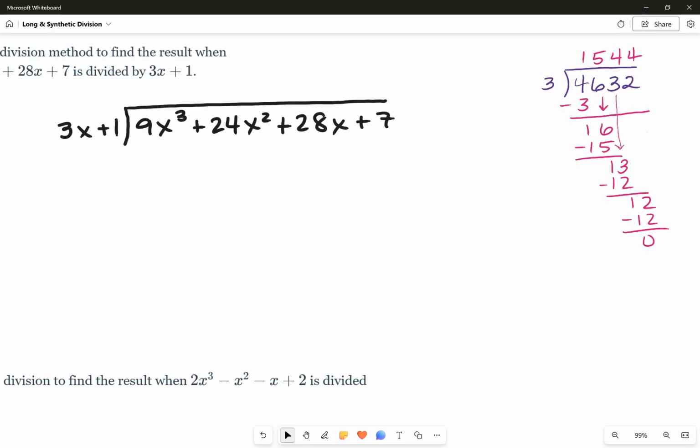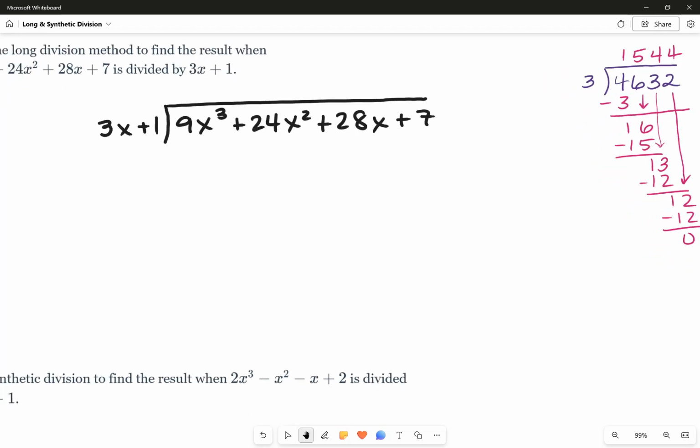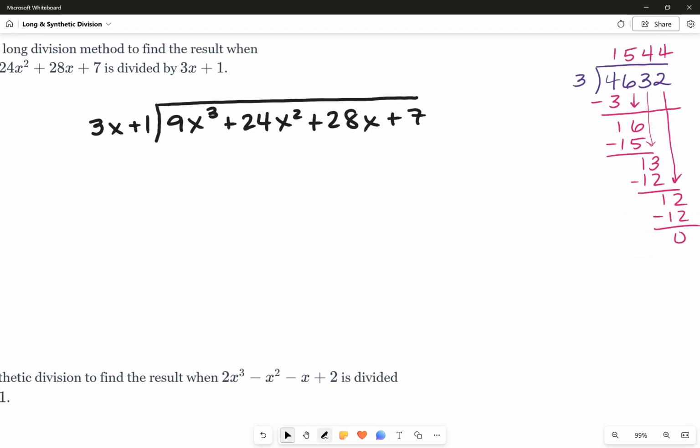Okay, so this process that you see us doing here is not going to change just because they're polynomials. You are going to proceed the same way. So here's what I want you to do instead.